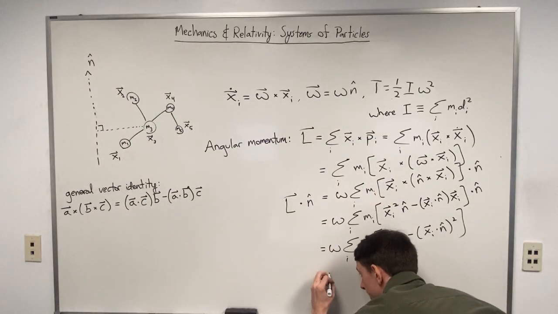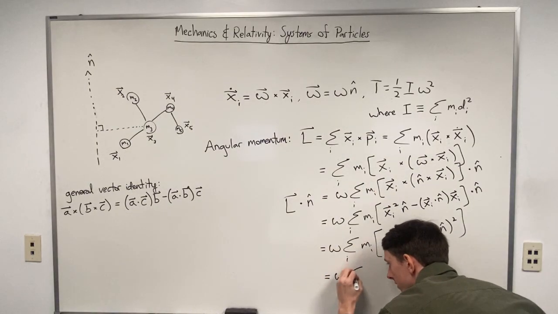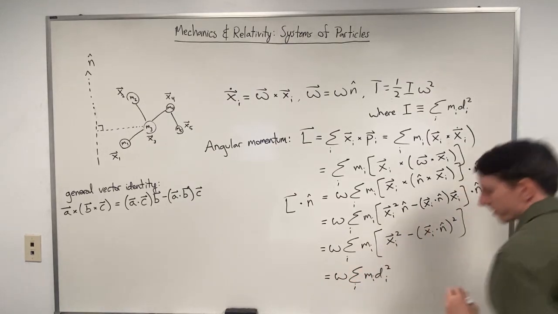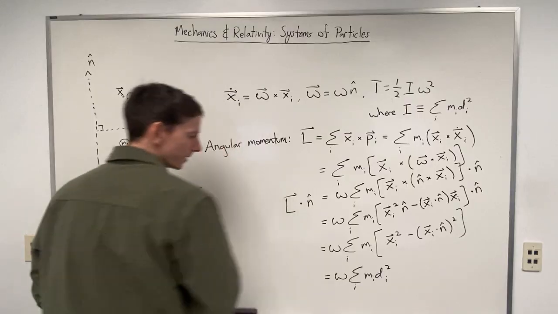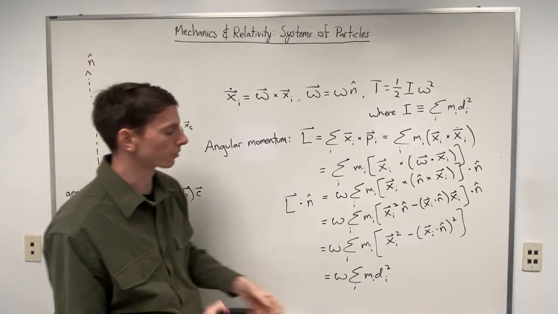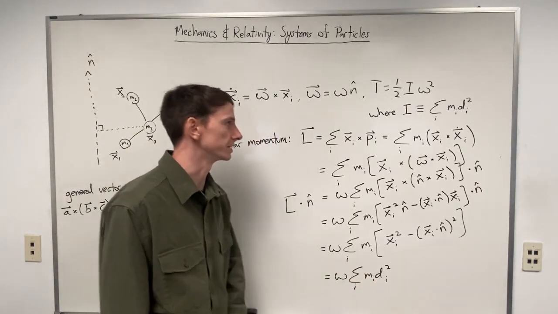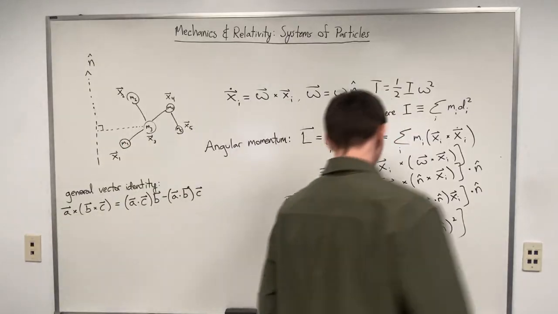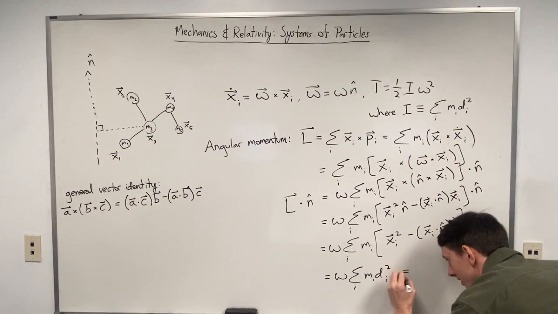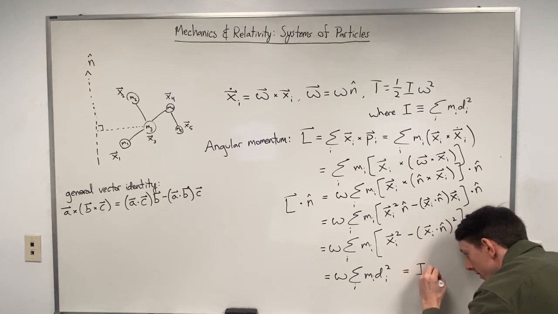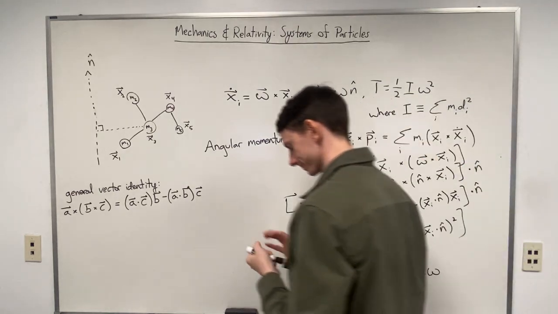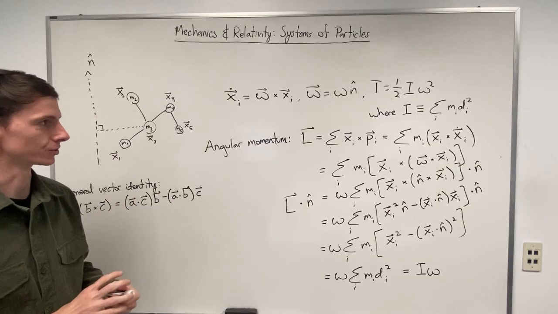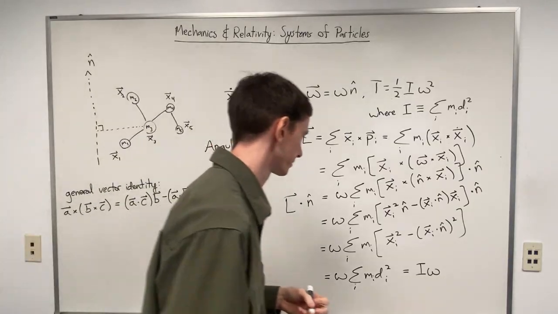And what we see is that we're going to get omega times the sum over i of the ith mass times di squared. But we had a name for this sum over i of the ith mass times di squared. That was our definition for this quantity big I. So we can rewrite this as simply big I times omega. And that is the result that is worth boxing.